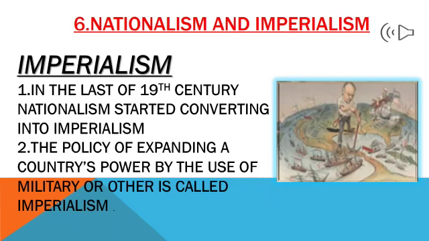The major European powers, namely Russia, Germany, England, and Austro-Hungary, began taking advantage of nationalism in Europe to achieve their aims of imperialism, so that they could capture more colonies and become more powerful.